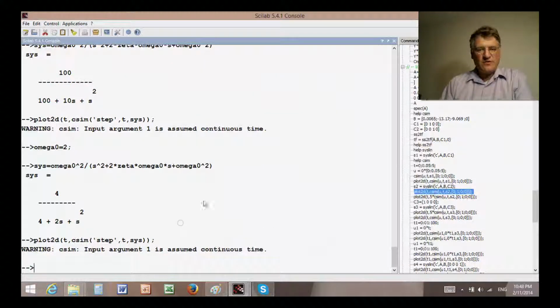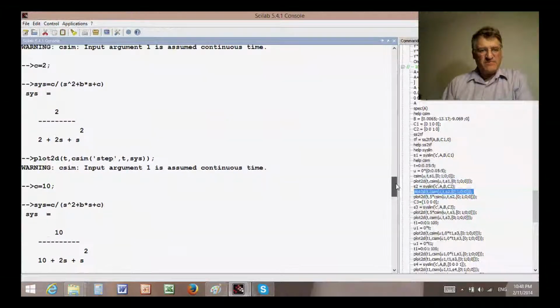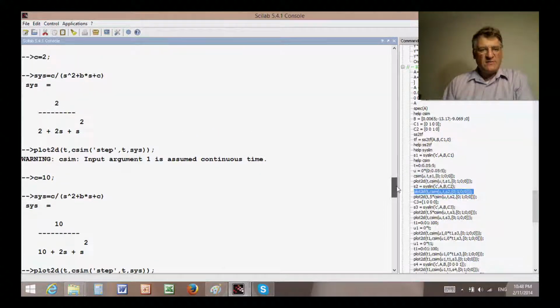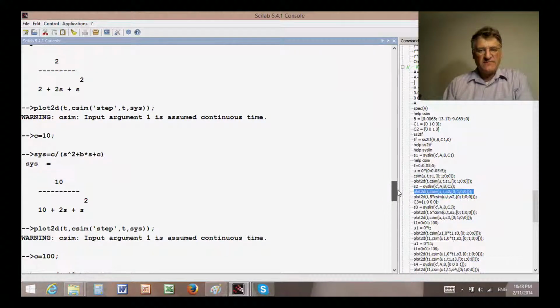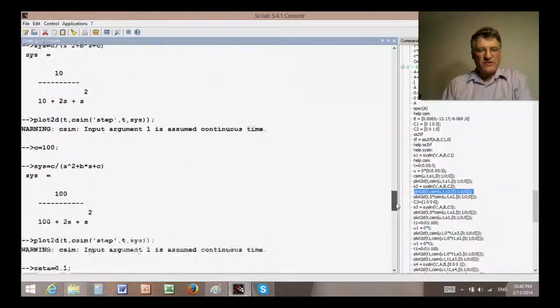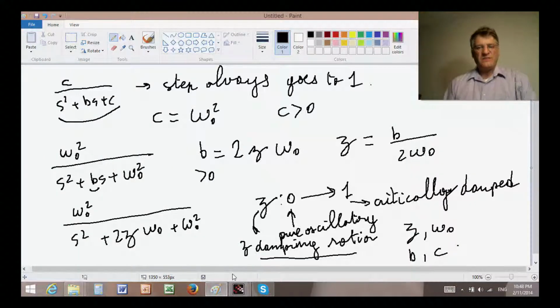Now, if you remember, when we did the same things with B and C, and we changed C, not only did the response go faster, but also as C went up, it became more oscillatory. And that is sort of a bad parameterization, because too many things change as we change one variable.